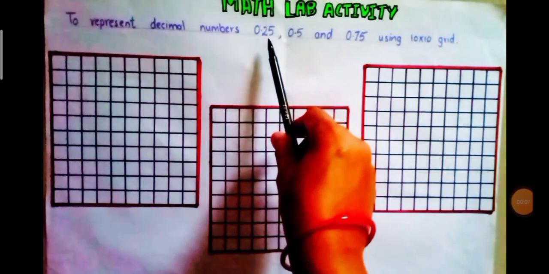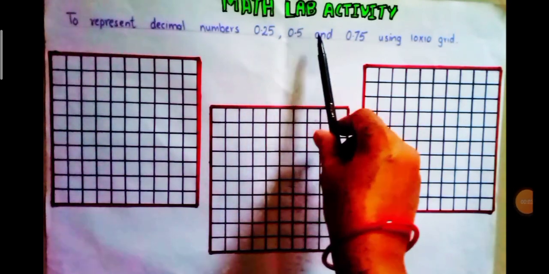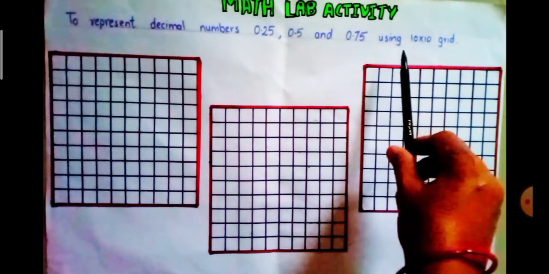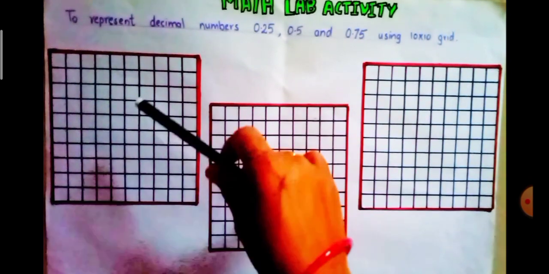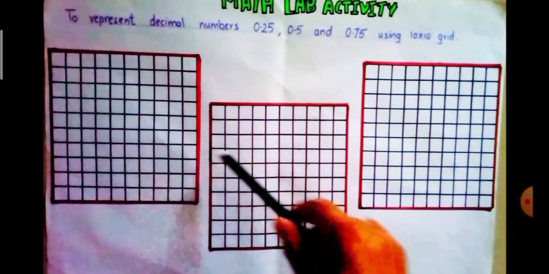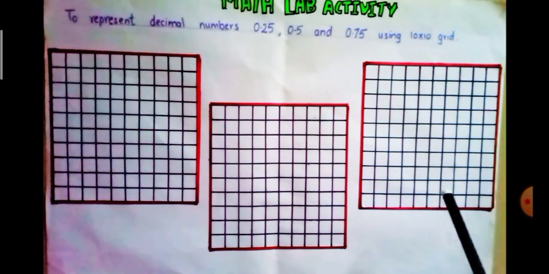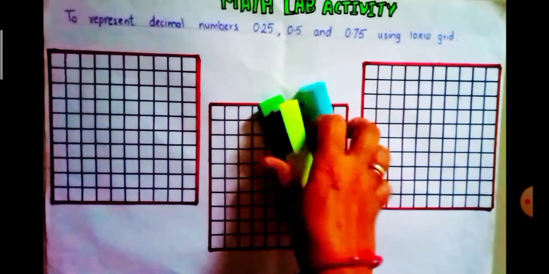In this math lab activity, we will see how to represent decimal numbers 0.25, 0.5 and 0.75 using a 10 by 10 grid. To do this activity, we require some materials: 3 10 by 10 grids, which I am showing you on the screen, and 3 markers of different colors for shading.